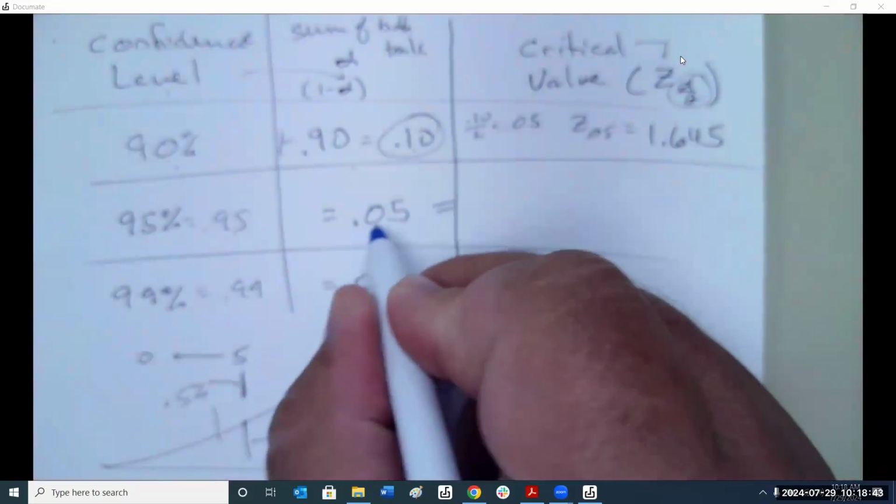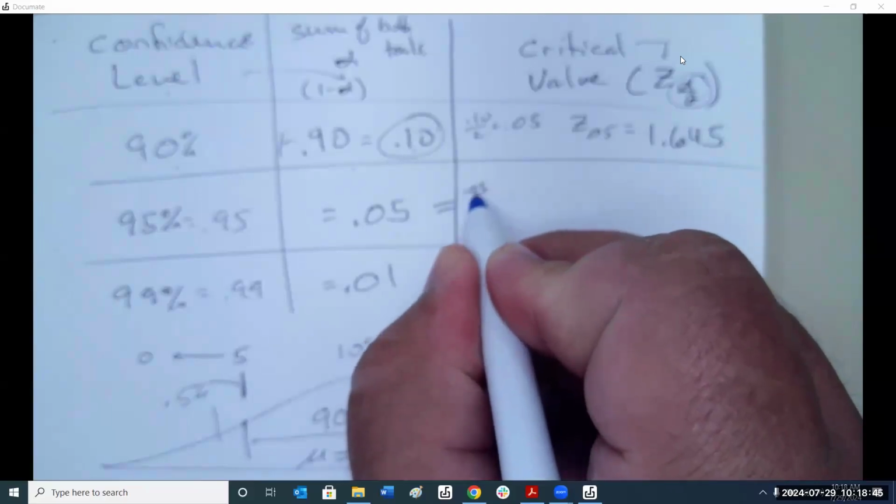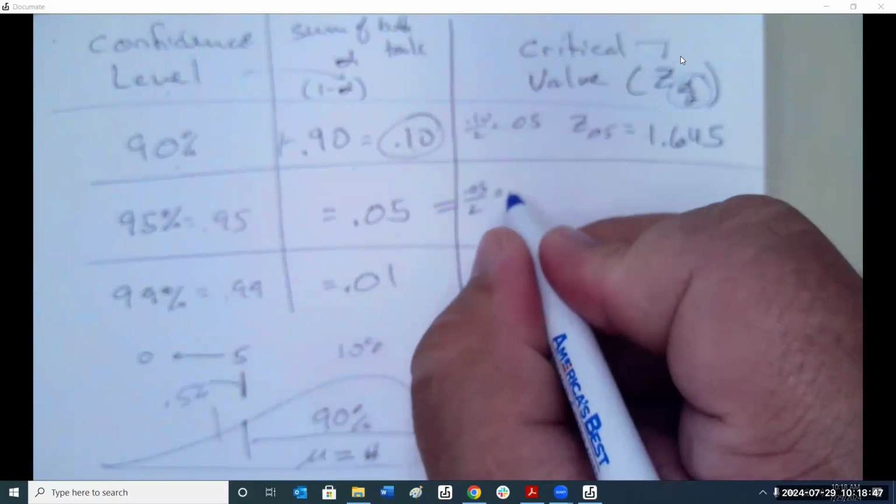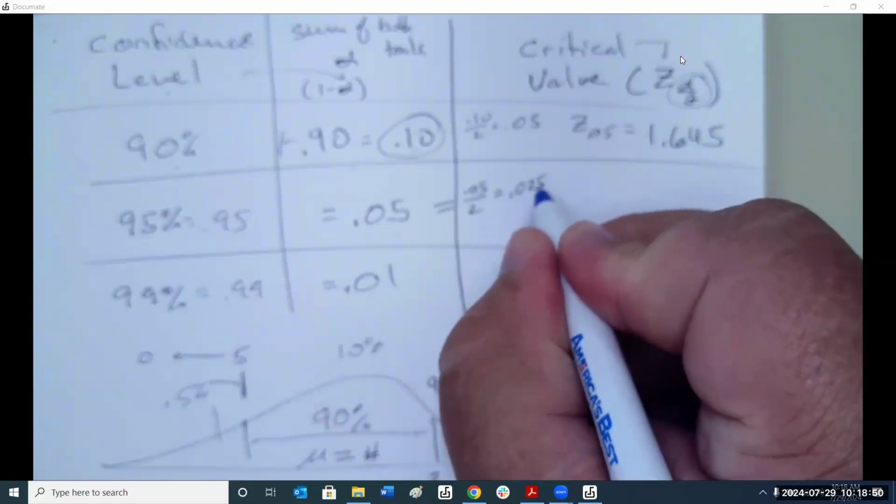So I do the same thing here now. I take 0.05 divided by 2, which gives us 0.025.